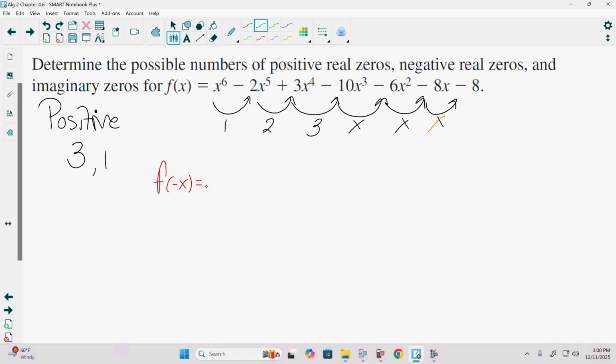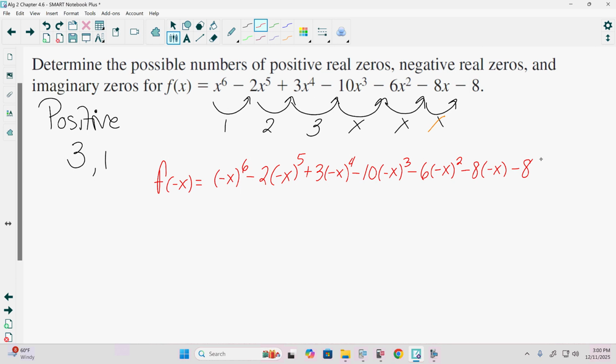Now to find the number of negative solutions, we're going to do almost the exact same thing, but with f of negative x instead of f of x. Now for this here, we're going to replace every x in f of x with negative x.